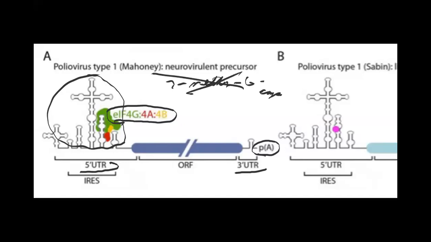So it's evolved in a way where it does not need the EIF, what was it? C?